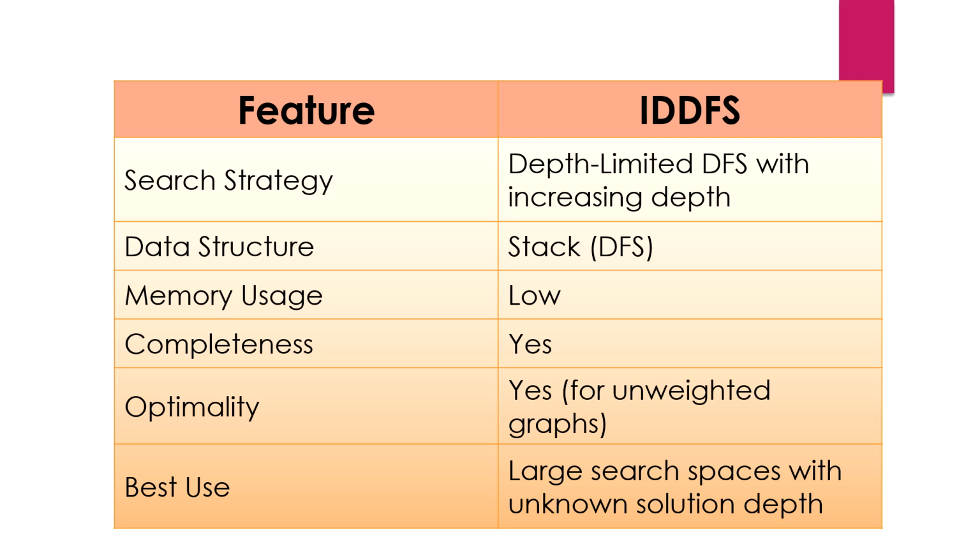This means if a solution exists, it is guaranteed to be found for unweighted graphs. IDDFS is also optimal. It always finds the shortest solution because every depth level is completely explored before moving deeper. Therefore, IDDFS combines the memory efficiency of DFS and completeness of BFS.